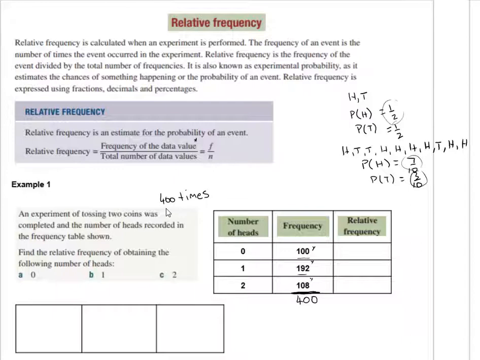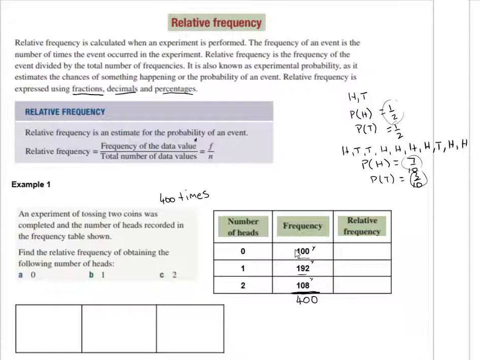And through that 400 times, no heads came up 100 times. 1 head came up 192 times, and 2 heads came up 108 times. So let's work out our relative frequencies. Now, relative frequencies, as mentioned up here, can be expressed as fractions, decimals, or percentages. So let's do all 3 and see how we go.